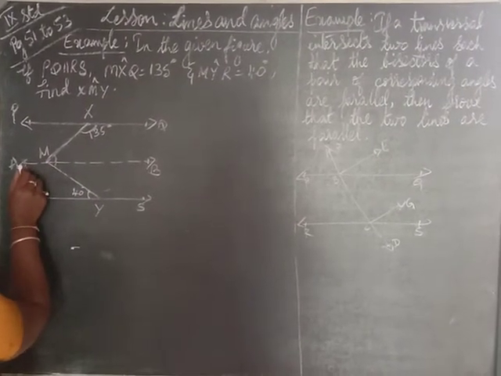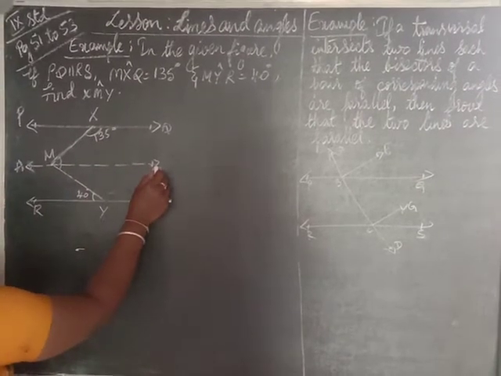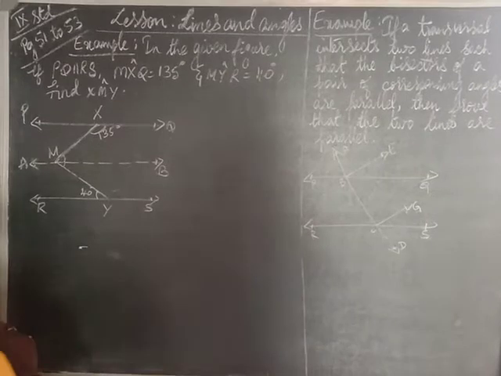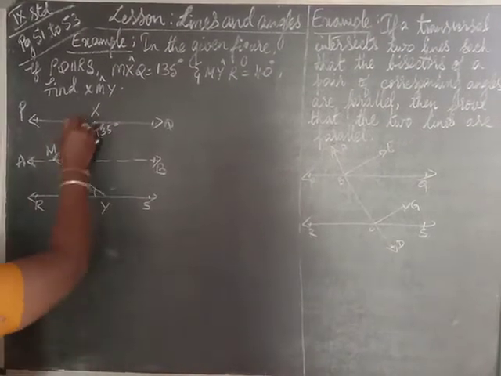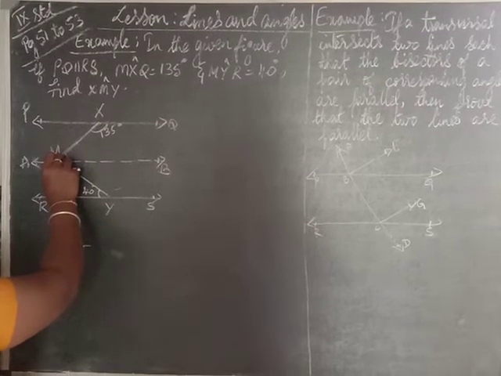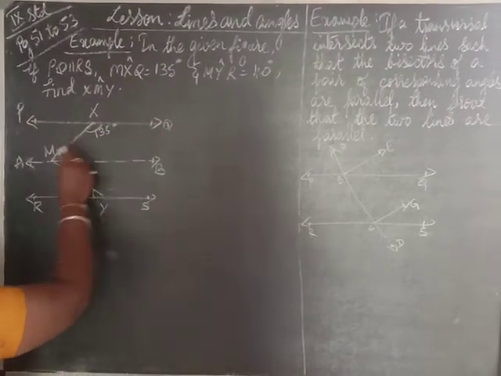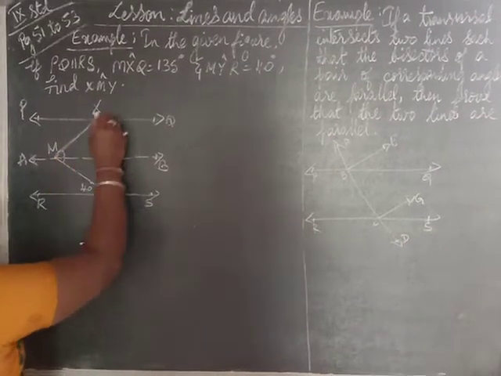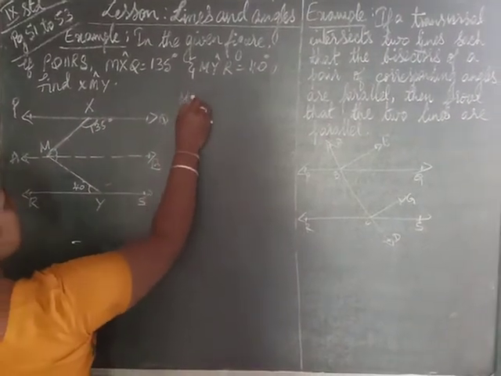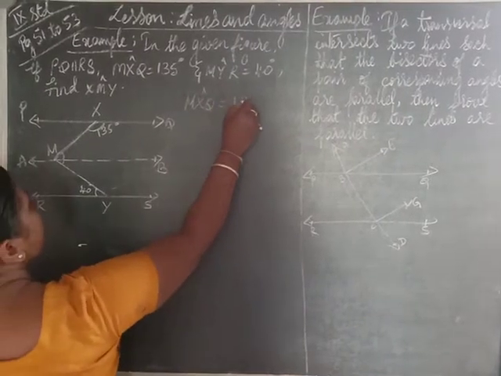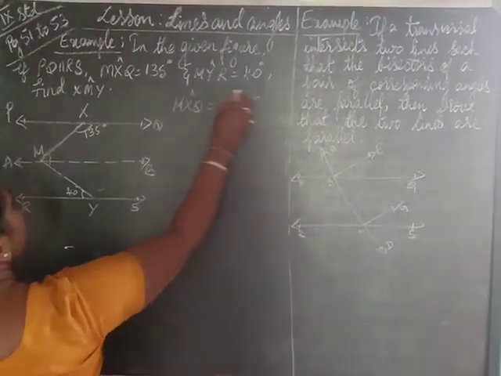Once again, let us draw a parallel line AB through M, which is parallel to PQ and RS. Now, XM is a transversal for parallel lines PQ and AB. They have given MXQ is equal to 135 degrees.